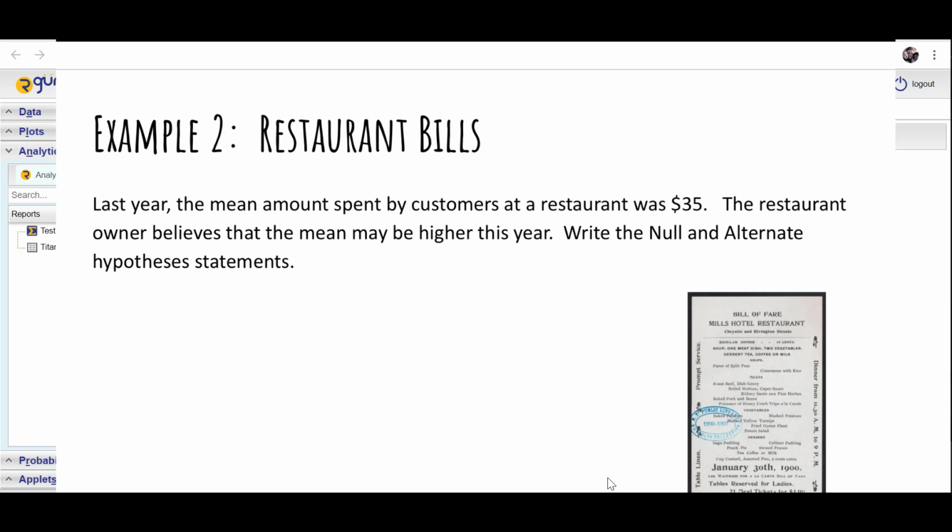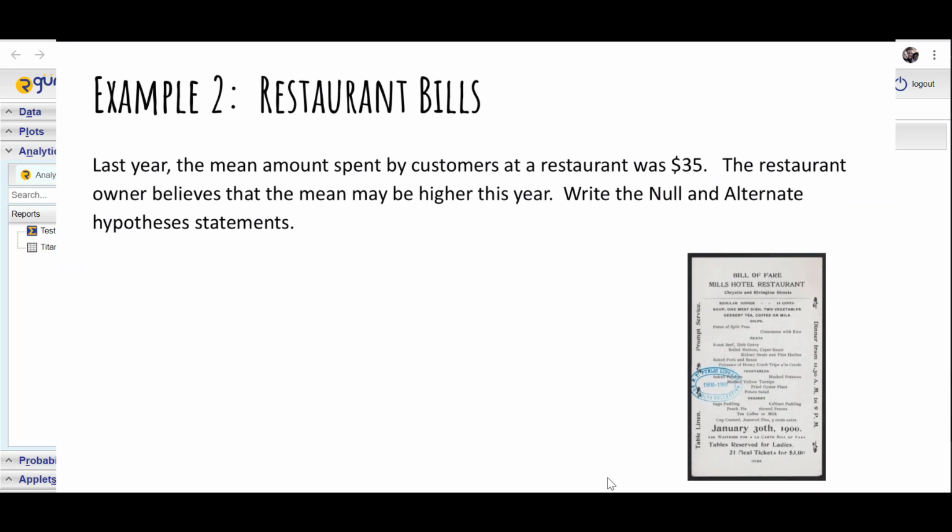All right, so let's write a couple of these. It says, last year, the mean amount spent by customers at a restaurant was $35. A restaurant owner believes that the mean may be higher this year. Write null and alternate hypothesis statements. So somewhere in here, there's a claim. The claim often comes across as a belief, such as in this case, the restaurant owner believes that the mean may be higher this year, or someone thinks something is different in some way.